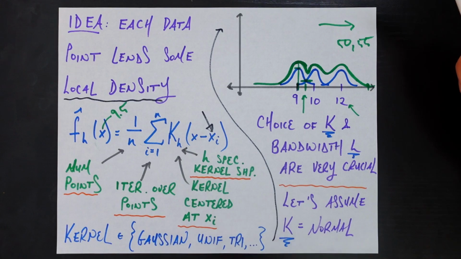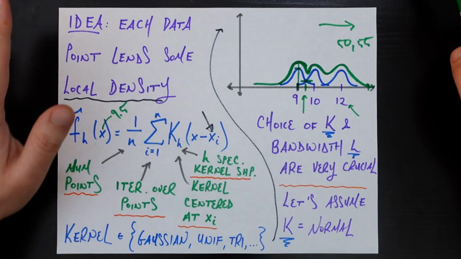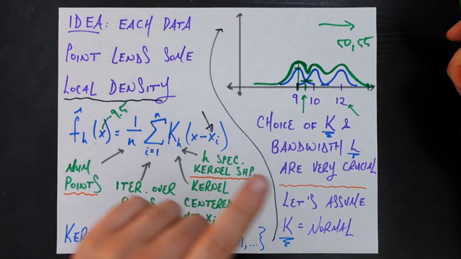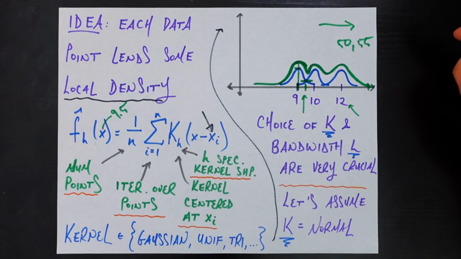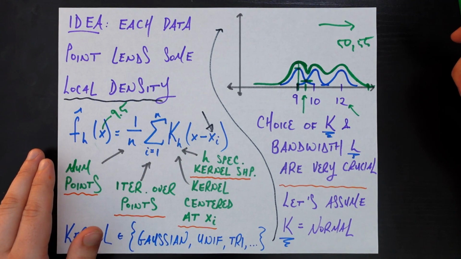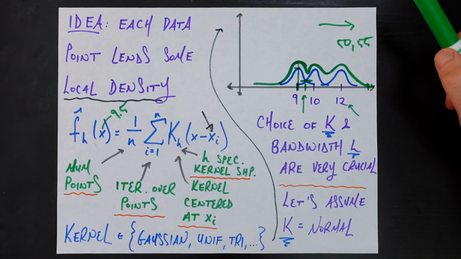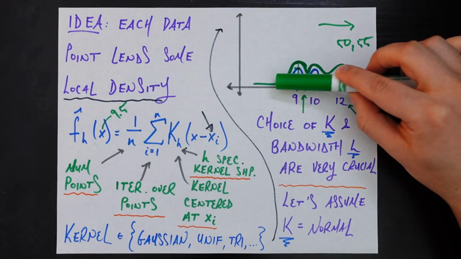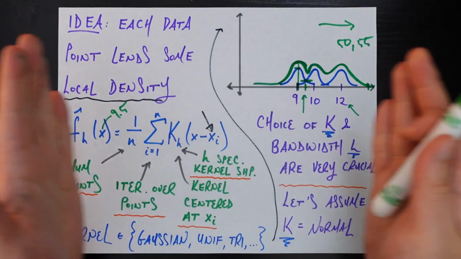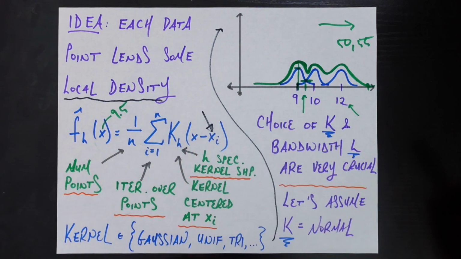So the choice of the kernel is very important, but the even more important thing is this parameter h that I sneakily glanced over in this formula. And that parameter h is called the bandwidth. The bandwidth is going to be determining the width, the narrowness, or the wideness of each of these individual normal distributions that you're using.